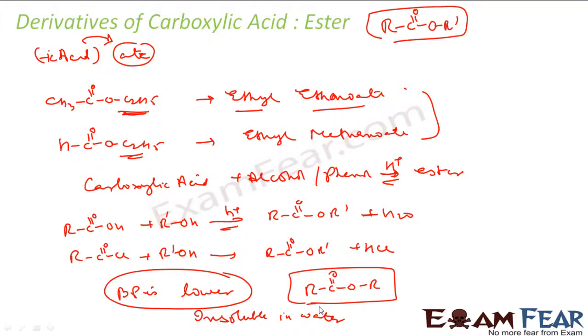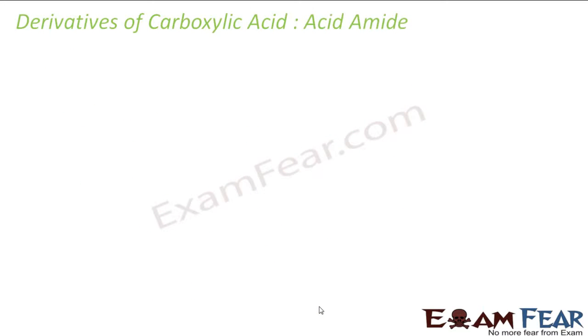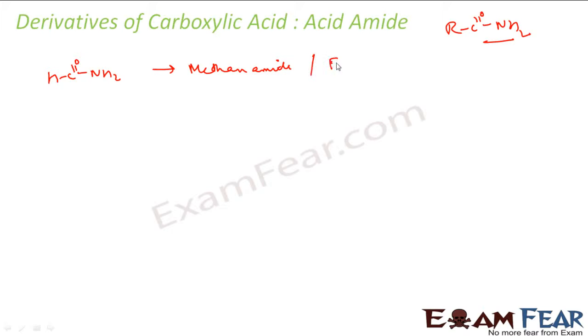The next one is the acid amides. Acid amides are of this form, RCONH2, right? This CONH2 is called the amide group. Looking at the naming convention, example HCONH2 is from formic acid or methanoic acid. This will be called methanamide, or if you want the common name, formamide.